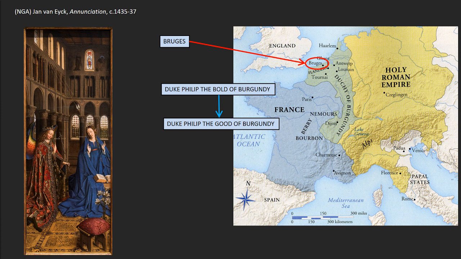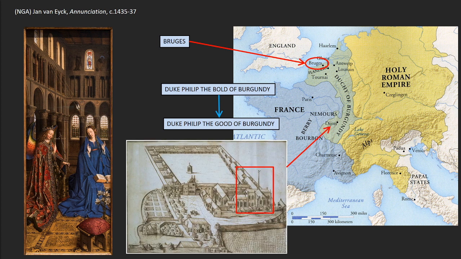Our work, the National Gallery Annunciation, may be the only surviving work that Van Eyck did particularly for Philip. The only surviving one. We think it was made for the Chartreuse of Champmont, the charterhouse of Champmont, outside of Dijon.